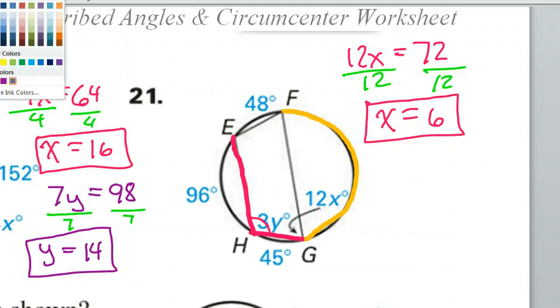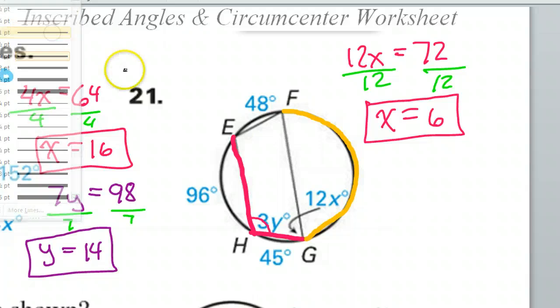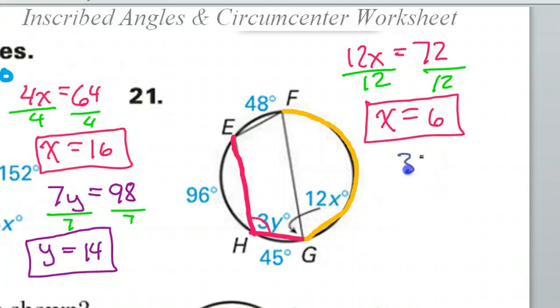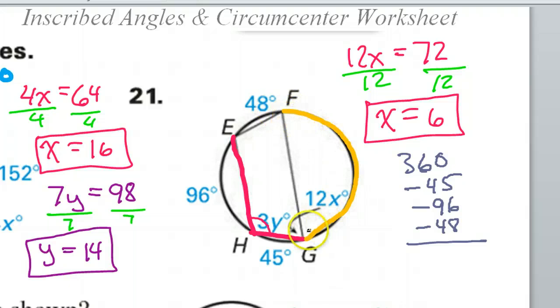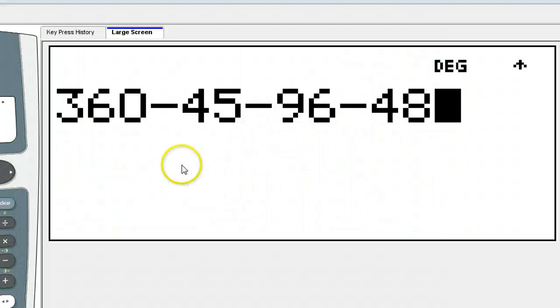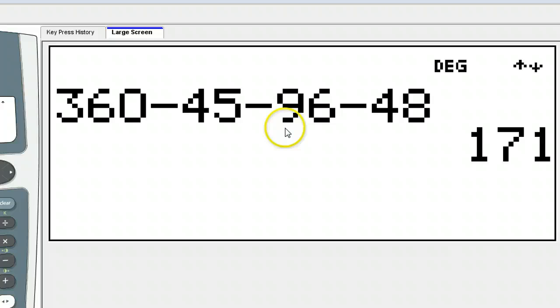So if I want to find it, I keep in mind that the entire circle is 360 degrees. So if I start with 360 degrees and I subtract 45 and I subtract 96 and I subtract 48, that should leave FG. Looks like this. That's 171.